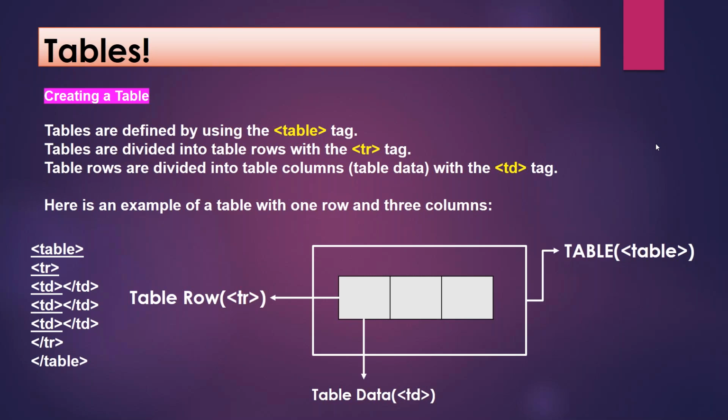Description list. What are the tags for the description list? DL. Yes, DL, description list stands for DL. And what are the inside terms? Description term, DT. Yes, perfect. The next is DD, which describes the description term.